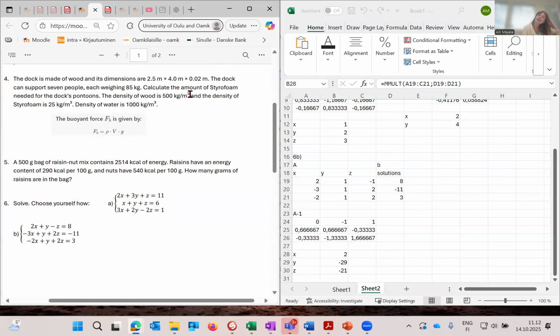You can think about it if you want, because there's also the solution, or then just the calculation 5, just to form this kind of a system, and maybe even try to solve it then with Excel. Yes, if it's solvable with Excel.